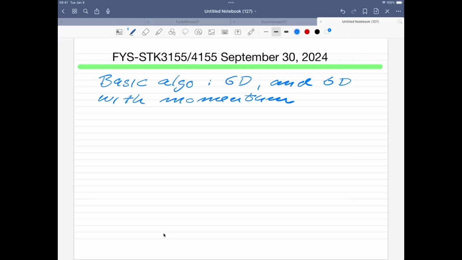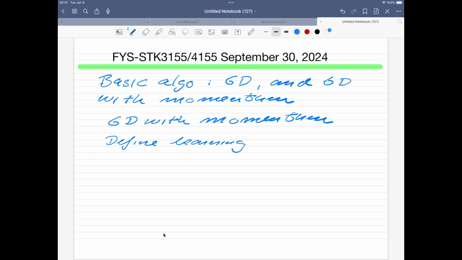So if we look at the basic algorithm which we had for gradient descent with momentum, it's easy to reduce that one to just plain gradient descent. The first thing we would do is to fix a learning rate, which we call gamma. And then we would initialize the unknown coefficients, the beta parameters, to random values.